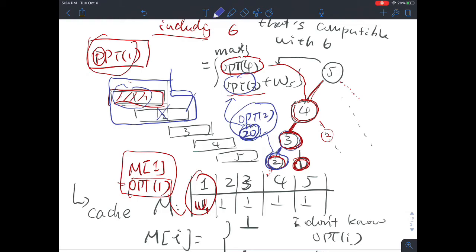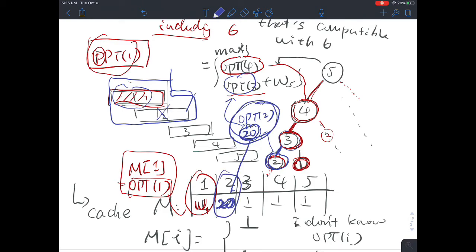You never remember you ever computed opt2, or that opt2 equals 20. It's almost like you're a bad student. You did a lot of exercises in the textbook, but you never remember anything. The only difference here is that after you compute opt2 equal to 20, you write that back to m. So m2 becomes 20.